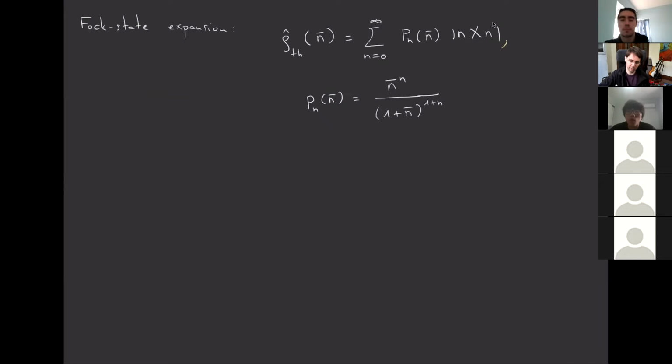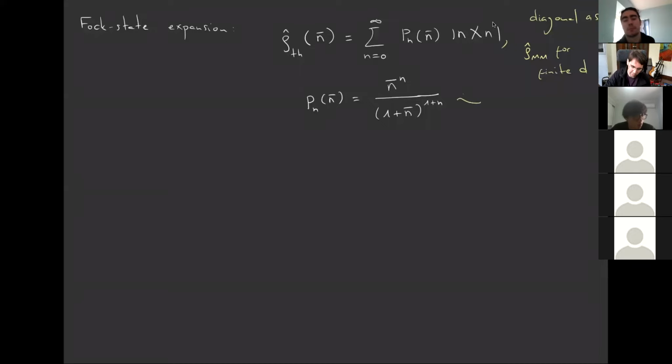What's interesting about this is that it is diagonal, like the maximally mixed state for finite dimension. Remember that the maximally mixed state for finite dimension is the identity, just a diagonal of 1 over d. The same happens with the thermal state. It's diagonal, but the distribution Pn is not flat. It's not 1 for each n.